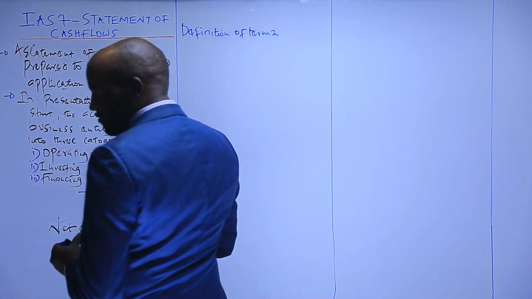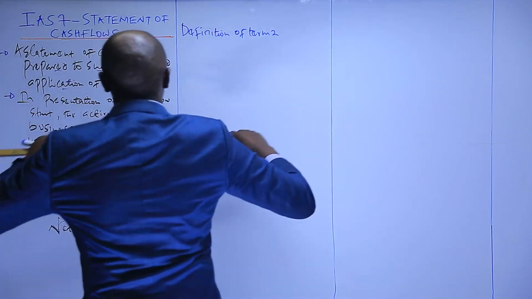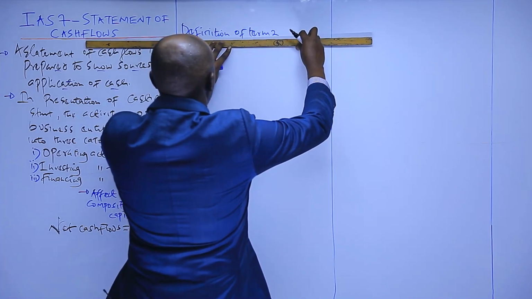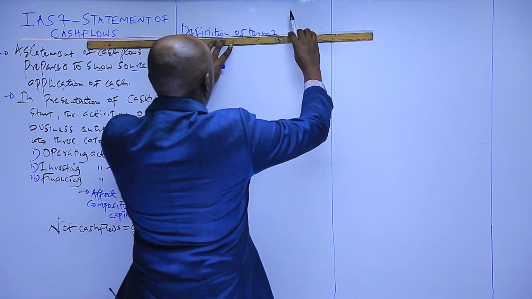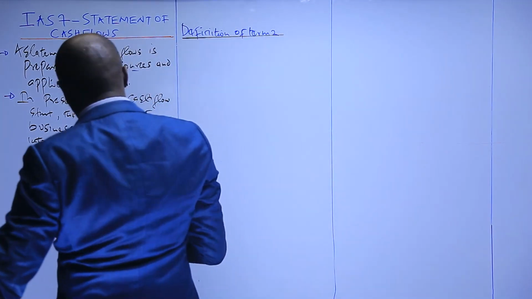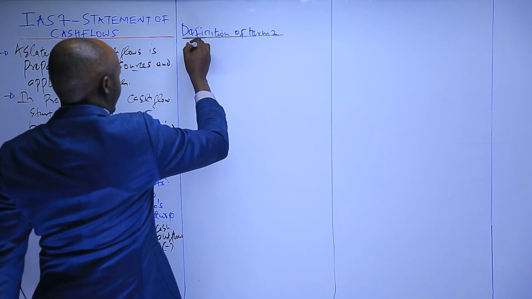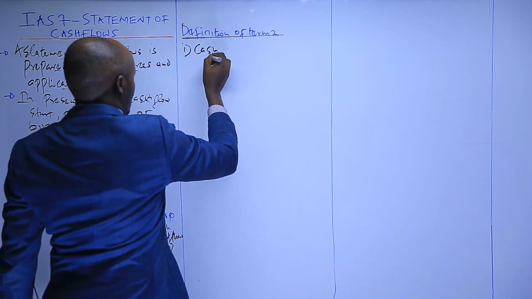So these are basically some of the terms you need to know because we are going to come across these particular terms in preparing our statement of cash flows. So which are those particular terms? The first term is cash.